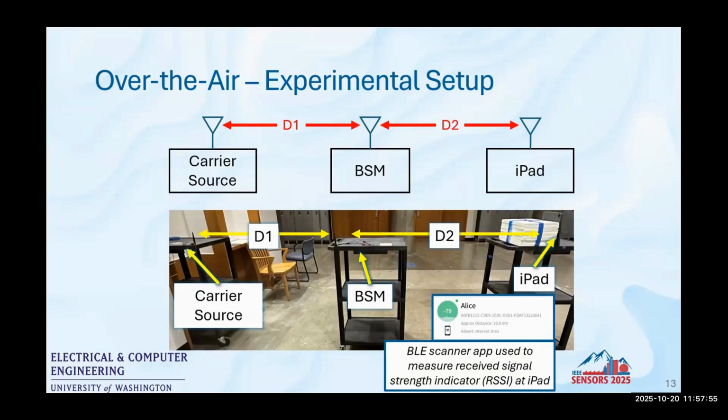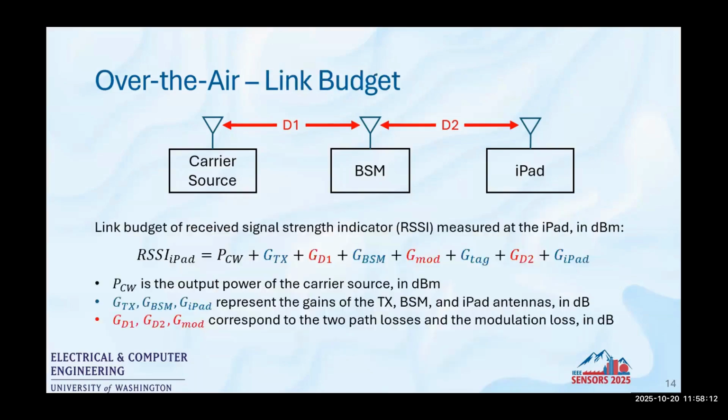We conducted these measurements in a bistatic configuration with our carrier source and iPad carts fixed at a distance of 3 meters. The cart carrying the BSM was then moved in 10 centimeter increments between the 2 carts, and we recorded the RSSI at each step. We also constructed a theoretical link budget to compare our measured results, and this represents the RSSI in dBm measured at the iPad.